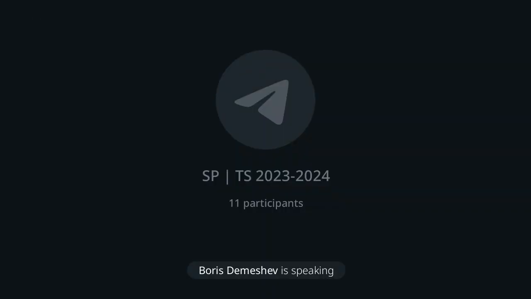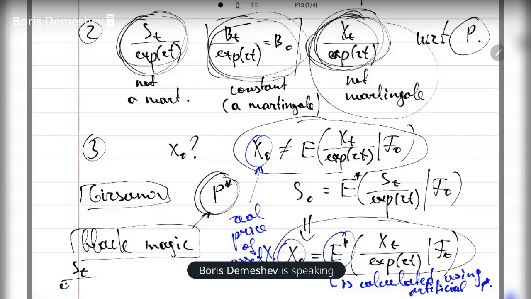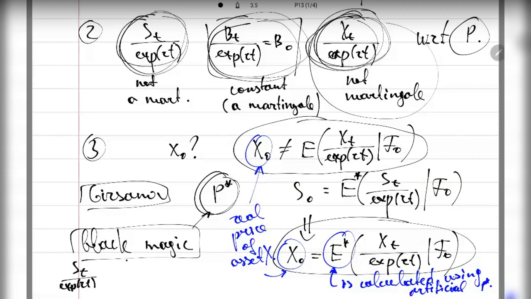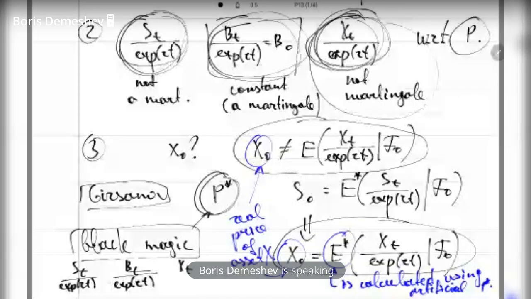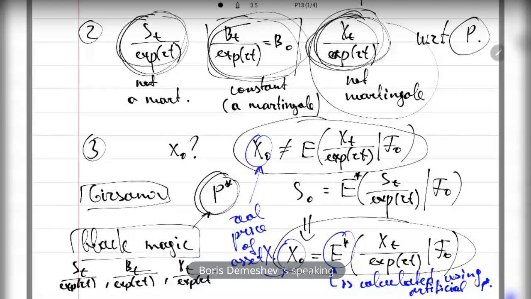So under P star, ST divided by exponent RT, BT divided by exponent RT, XT divided by exponent RT, all these guys are martingales.